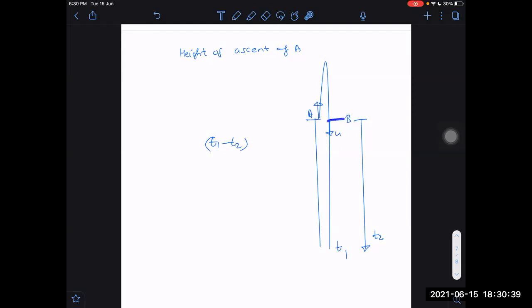Because below the tower, the time will be the same as that of B. Okay, below the top of the tower, I should say. So below the top of the tower, the time of flight of A and B will be the same.